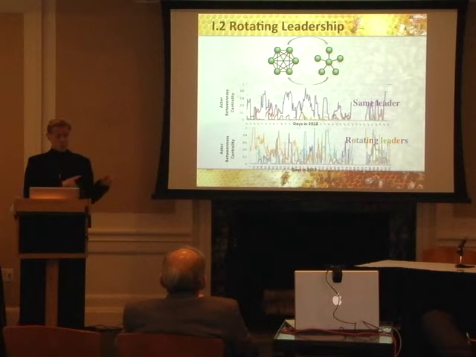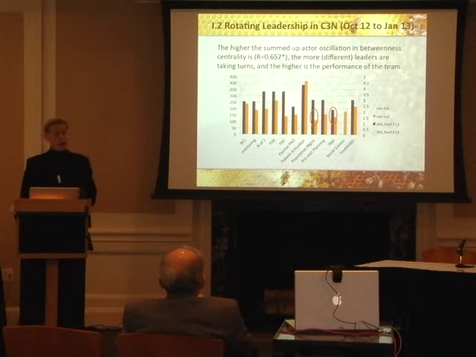And the beauty is that those sort of variables you can easily extract using the Condor tool from email, and you will always be able to identify who is the central leader. And this again will allow us to point out the teams that have this behavior and the teams that do not have this behavior.